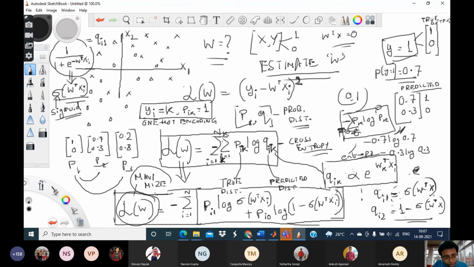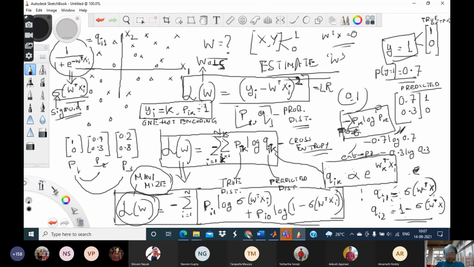Okay. So note that I have followed the same steps as I did in case of linear regression. In case of linear regression, I first defined my loss function, which was the squared error loss, this one for linear regression, and then I minimized this to get the W OLS.